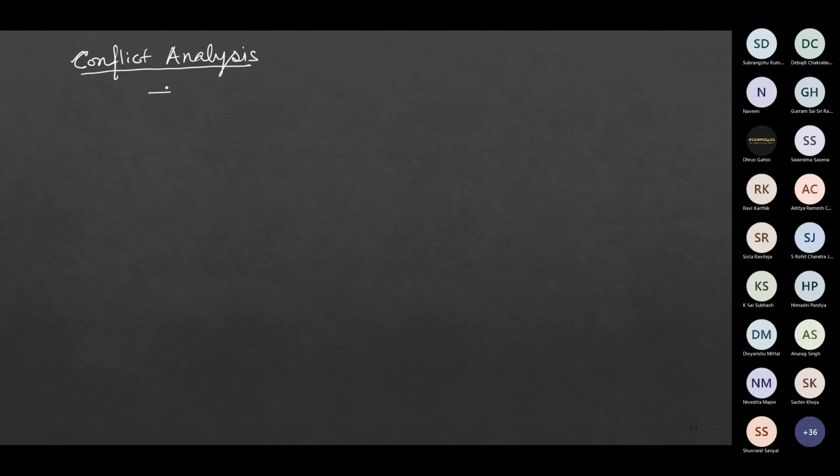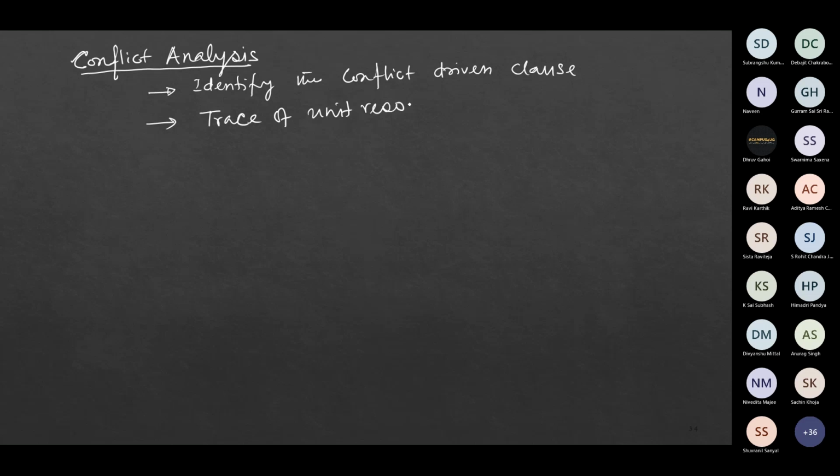What conflict analysis does is it tries to identify the conflict-driven clauses. And how does it do that? It basically keeps track of the trace of repeated application of unit resolution.